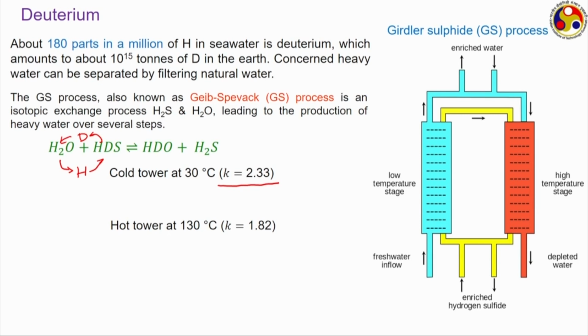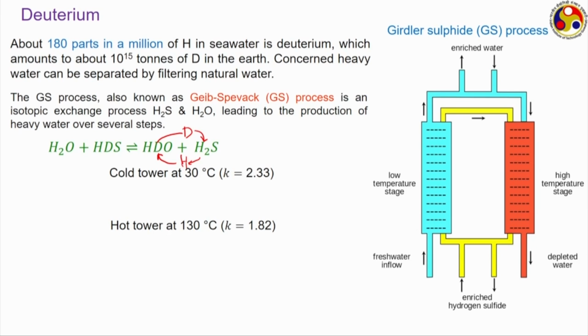However, when we go to the hot tower, there the equilibrium constant is lower, facilitating the reverse reaction. Reverse reaction refers to the deuterium from HDO now going back to H2S, and the hydrogen from H2S going back to this H2O to form H2O.